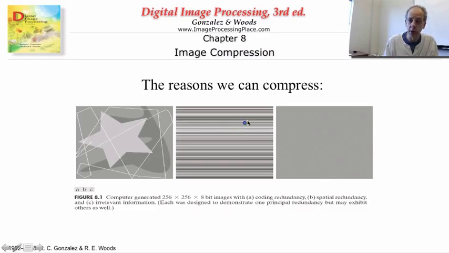There is another reason that we can do compression, and that is a lot of redundancy. This is illustrated in this image. Let's assume that one of these lines has a constant gray value, let's say 128 for the sake of the example. And let's imagine that this line is very, very long, let's say 10,000 pixels.